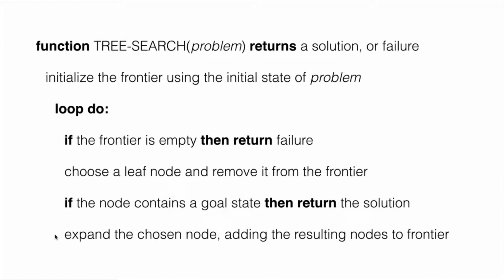And so then those go in the frontier and you repeat. So your frontier usually gets bigger initially because you're adding more and more states, but eventually you'll reach a goal state if things are working right. Okay, so what I mentioned a second ago is that how you choose which state to take out of the frontier is really important.